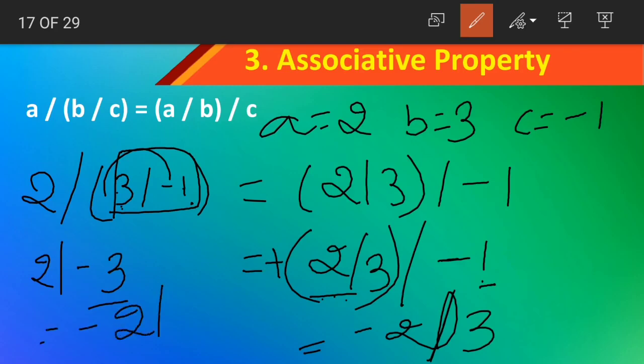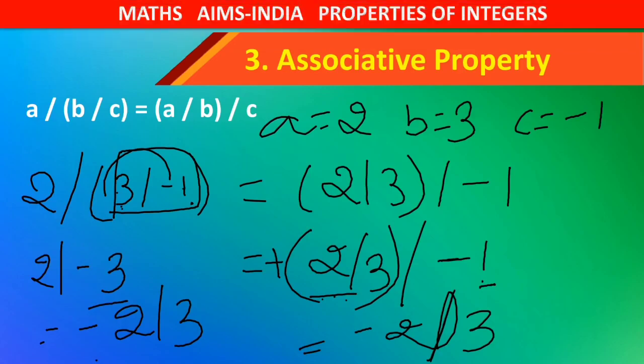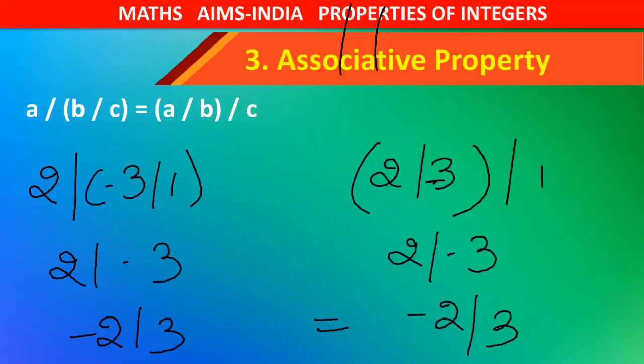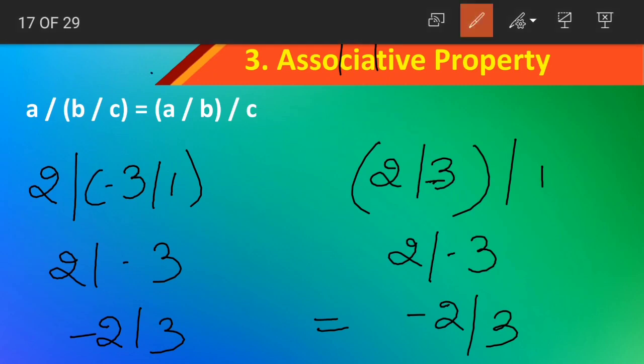The answer on LHS side is minus 2 by 3 and the answer on RHS is also minus 2 by 3. Here LHS is equal to RHS. So you might think division of integers follows associative property, but it is not the case.